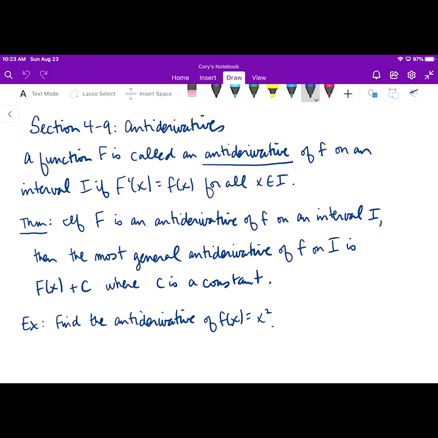And if you think about that, that should make sense, because anytime you take the derivative of a constant, the derivative of any constant is going to wind up becoming 0. So when you take the derivative of that expression, it winds up giving you capital F prime, which we said should be equal to the function lowercase f.